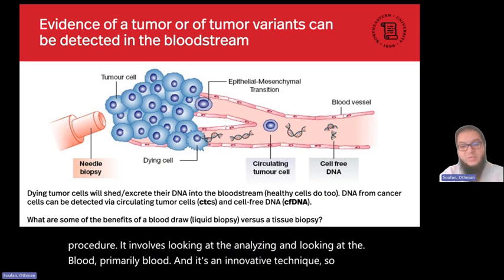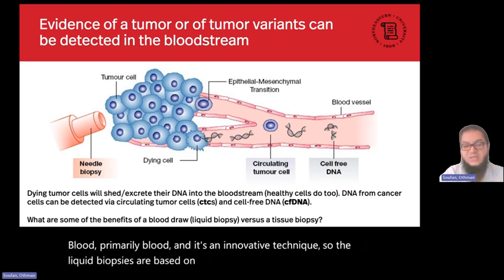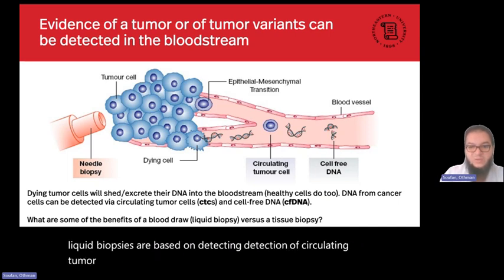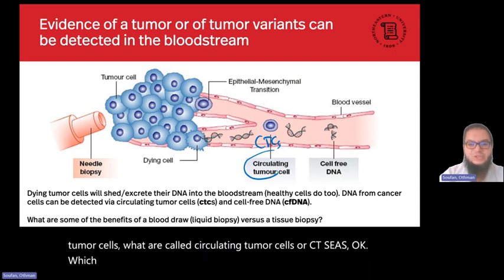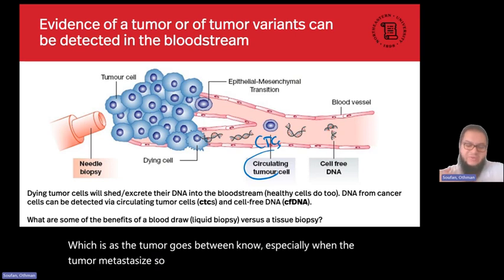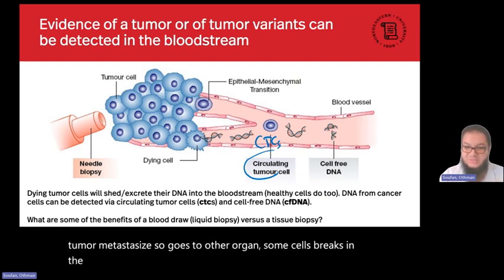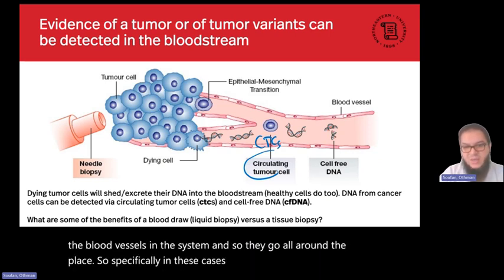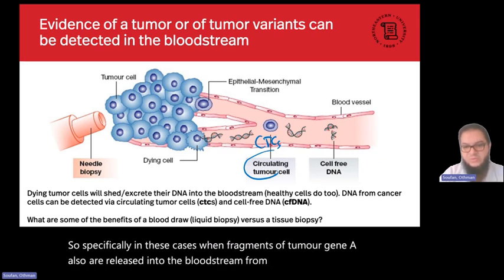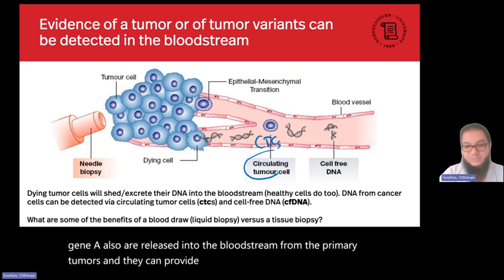So liquid biopsies are based on detection of what are called circulating tumor cells, or CTCs, which arise as the tumor metastasizes and goes to other organs, when some cells break into the blood vessels and travel all around. Specifically in these cases, when fragments of tumor DNA are also released into the bloodstream from the primary tumors, they can provide crucial information.